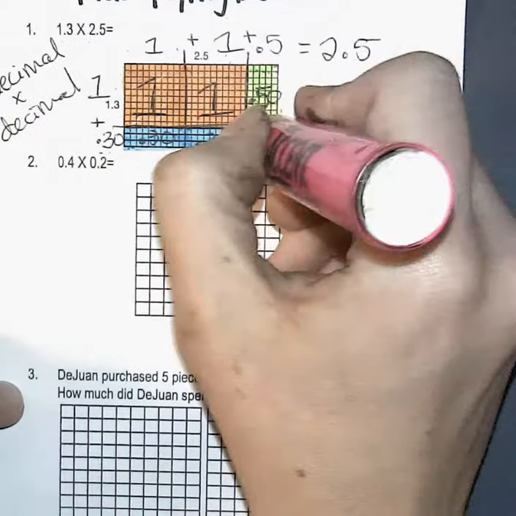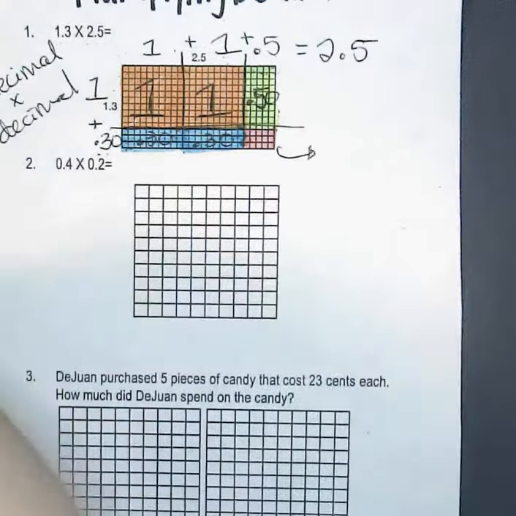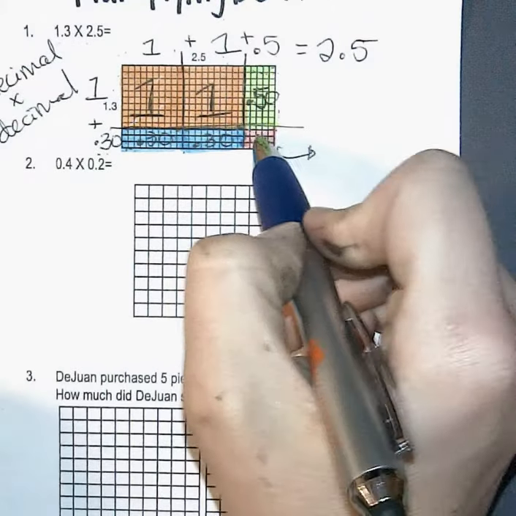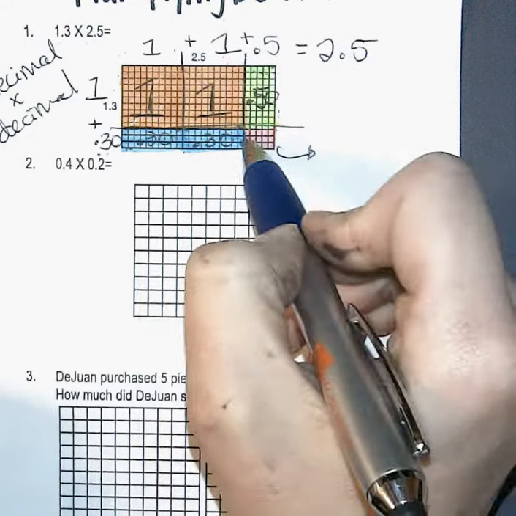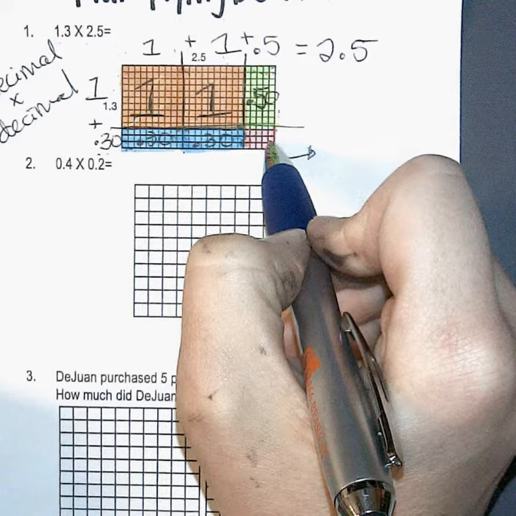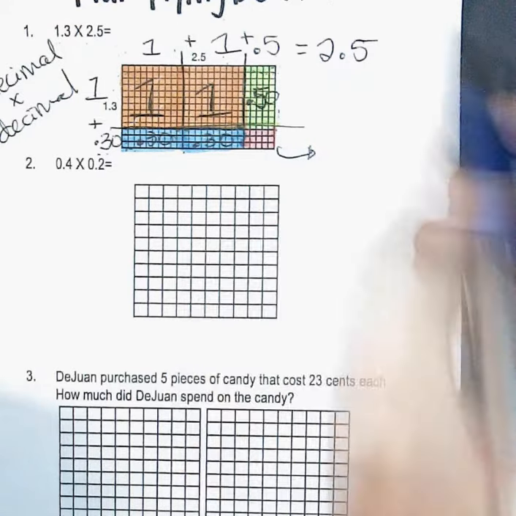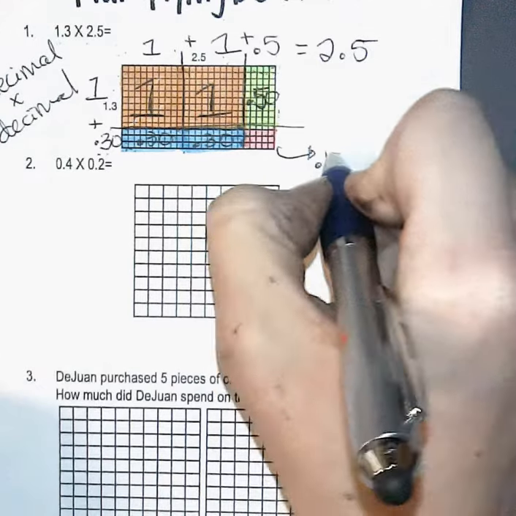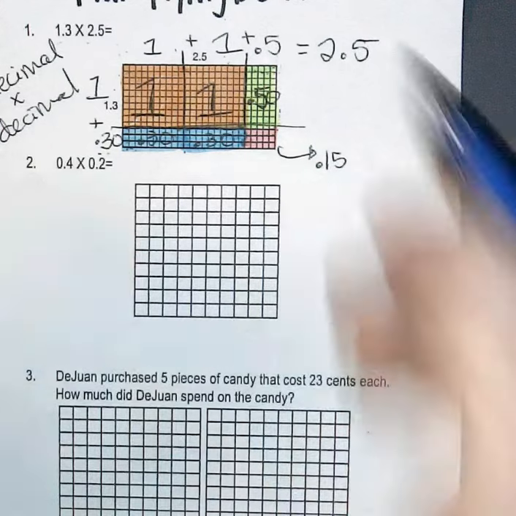That's going to be a different color. So 1, 2, 3, 4, 5, and I could count the rest and say that's 5, and then 10, 15. 1, 2, 3, 4, 5 times 1, 2, 3 is 15. So that's 0.15, 15 out of 100.